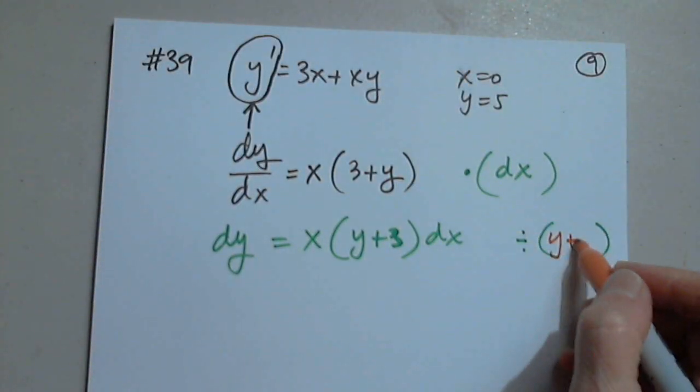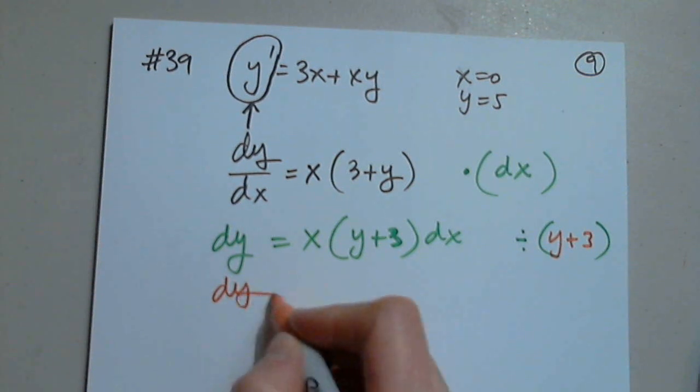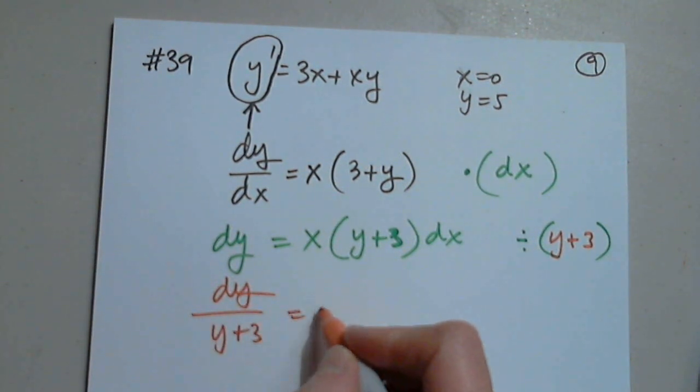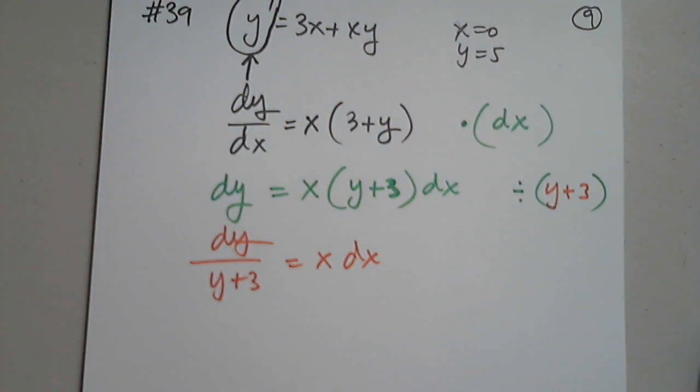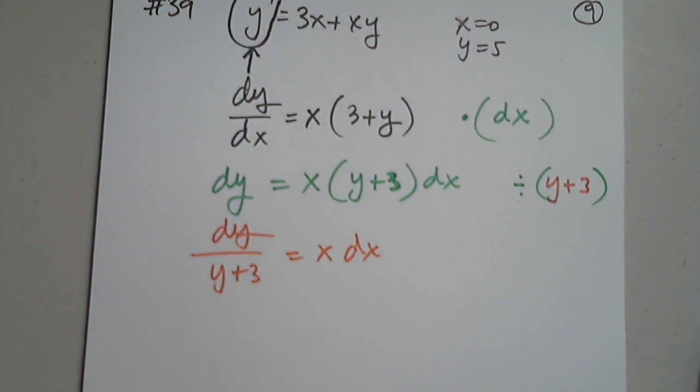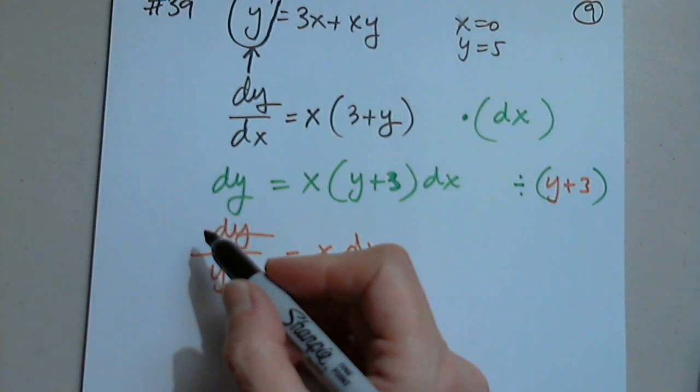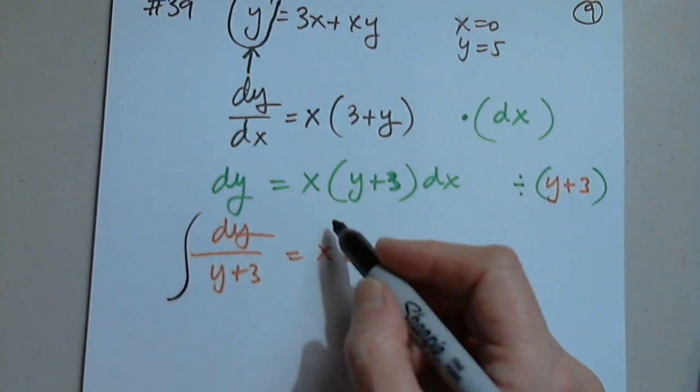Exactly. So dy over y plus 3 equals x dx. Y with dy on one side, x with dx on the other. I'm ready to integrate. That's it.